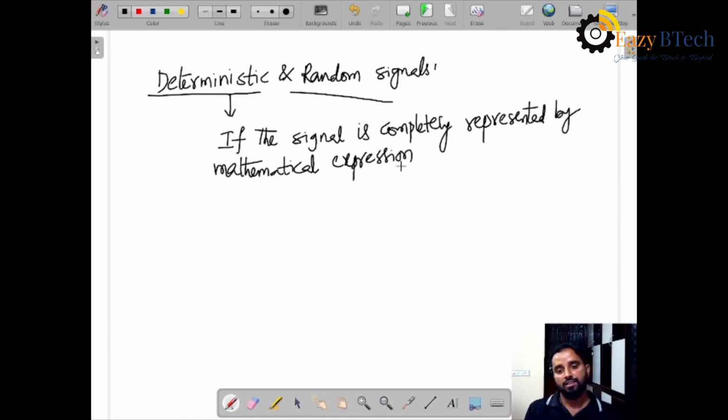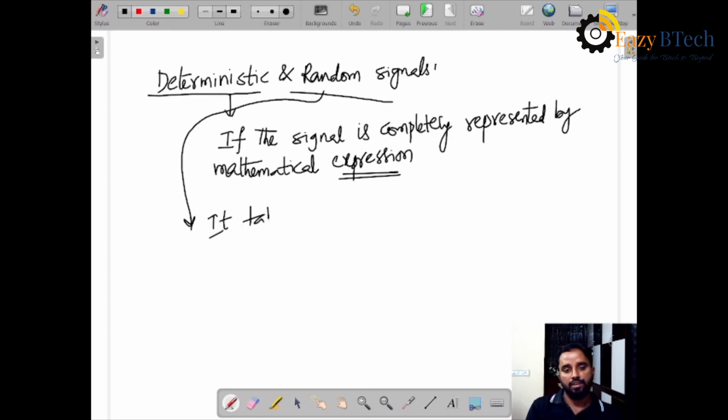Random signal means we are not able to write it using a mathematical expression. Okay, it takes random values.